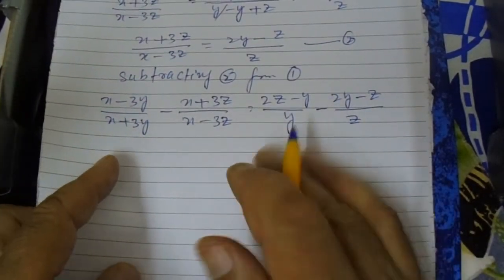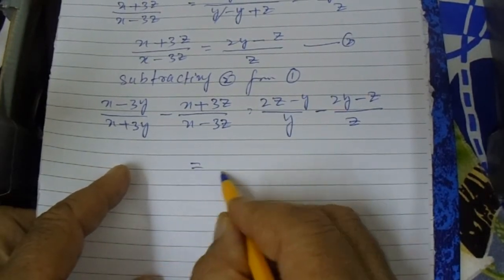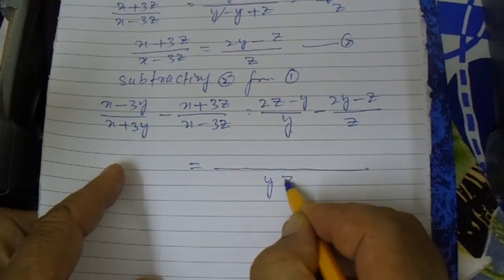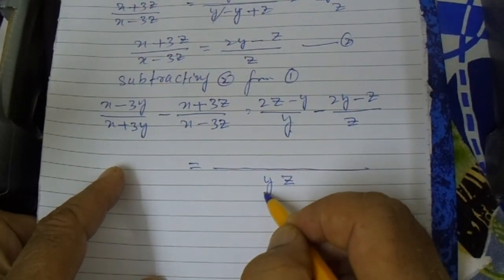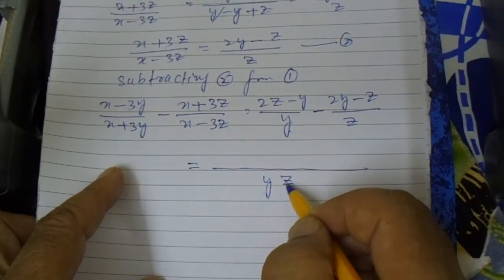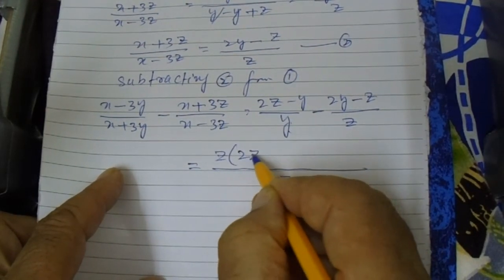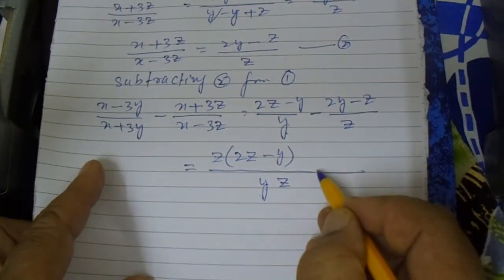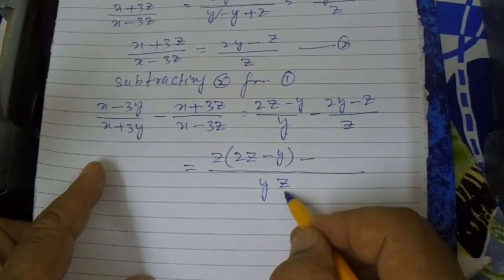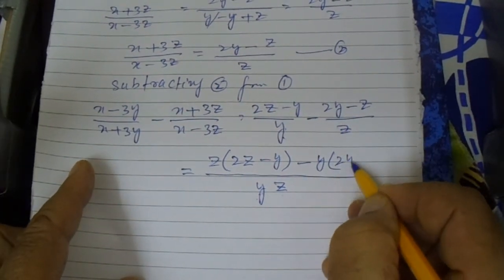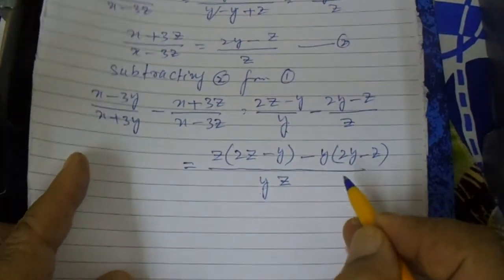Now we take this and solve, we take the LCM yz here, y divided by this cancels, and z multiplies, z into 2z minus y, here minus this divided by y, and y into 2y minus z.